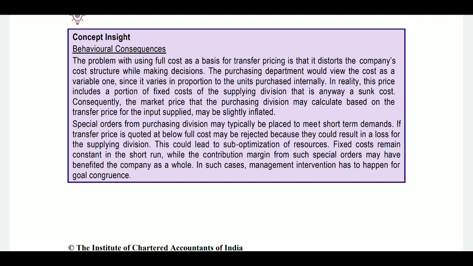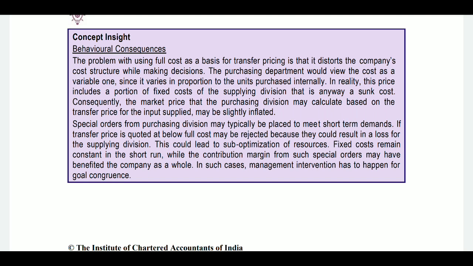If your transfer price is quoted below full cost, it may be rejected because it could result in a loss. If you incur 100 rupees and you are charging 90 rupees, that means you are below full cost, so it will be rejected because the supplying division will get a loss.